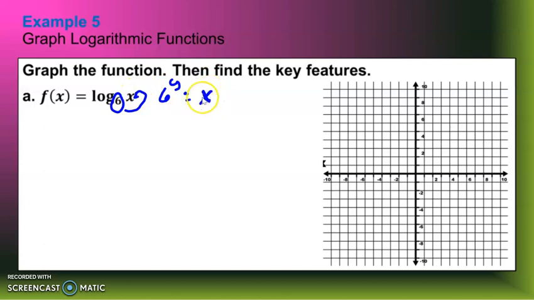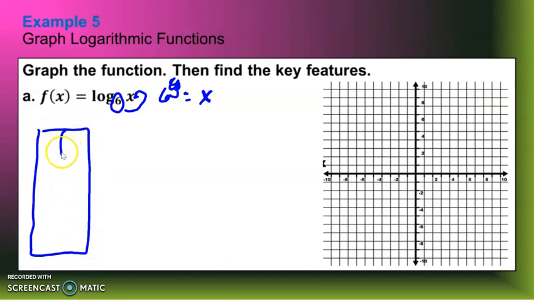All I need to do is choose numbers for my y value to find my x. So I'm going to keep this real basic, ones that you can easily do in your head, to be able to graph it. So this is our x and this is our y. I'm choosing my y values, and I'm always going to choose -1, 0, and 1 because those are ones I can do quickly in my head.